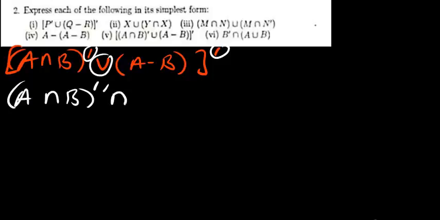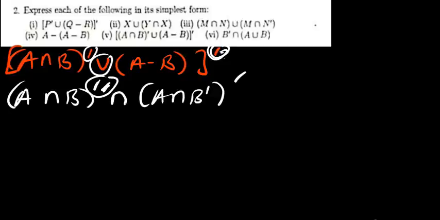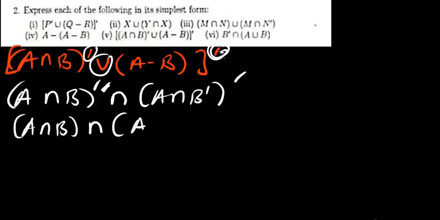Because I have only brought this complement to be here outside the bracket. Then this one, I know that A minus B is A intersected with B complement. So this complement comes here now. Complement and complement, these two will cancel out and we end up having A intersected with B, then intersected with A. That complement now enters inside, it will be A complement union B complement complement, which is just B.